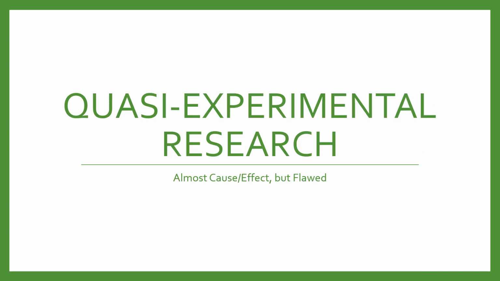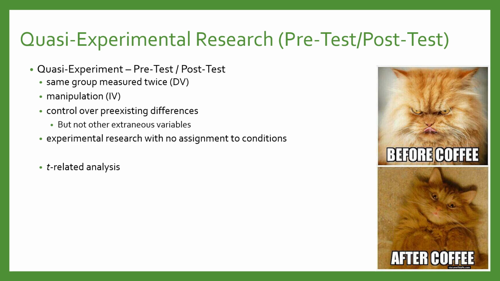Now let's take a look at quasi-experimental research, which has a lot of the same characteristics as experimental research, but is flawed in a way that limits our ability to make those cause and effect conclusions. Like experimental research, quasi-experimental research involves manipulation of the independent variable, but it often lacks randomization and/or control over many extraneous variables.